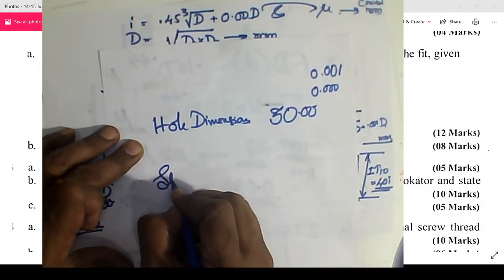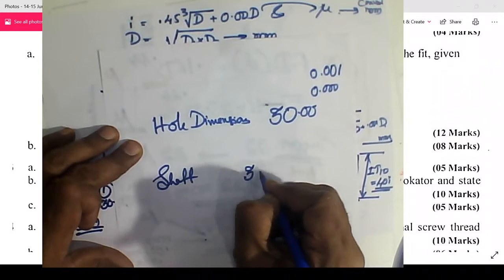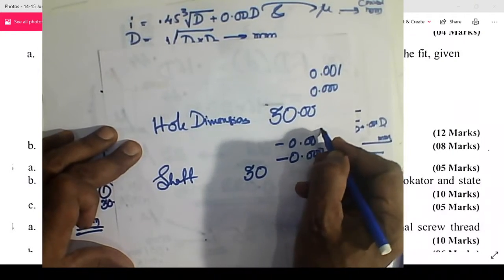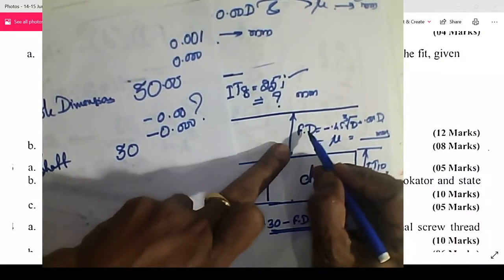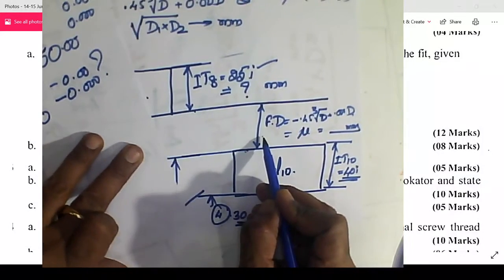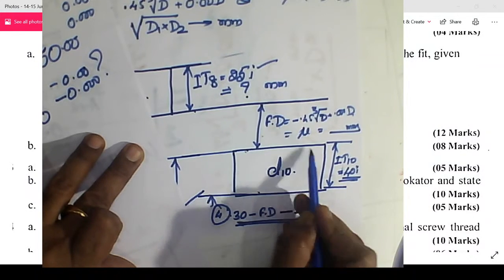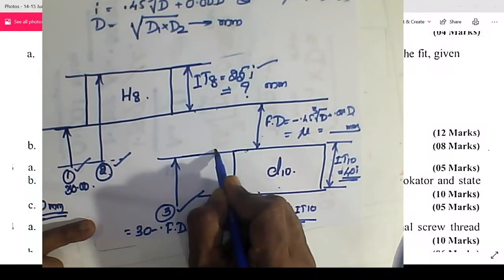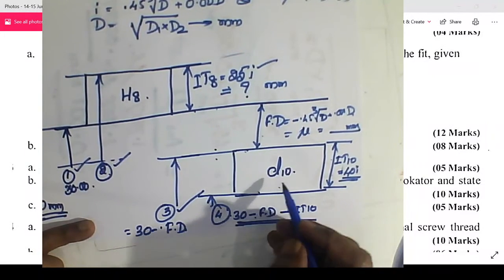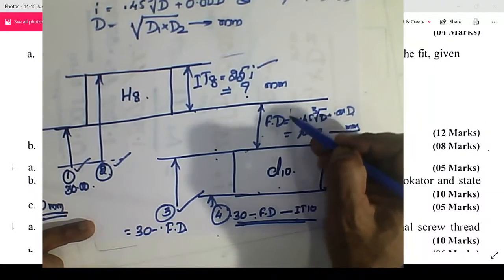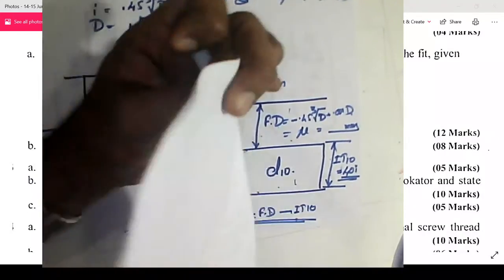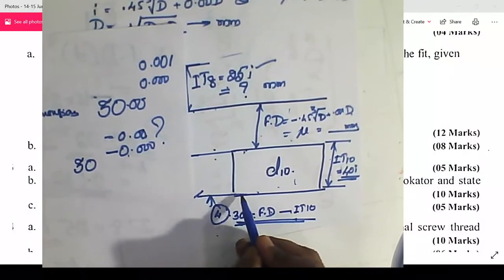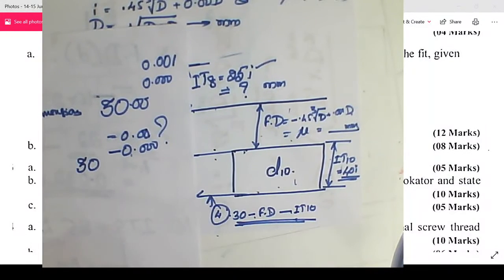Next, shaft dimension: 30 minus this value and 30 minus this value minus this, so these two numbers you have to write. One is the upper deviation, higher tolerance, another is the lower tolerance.